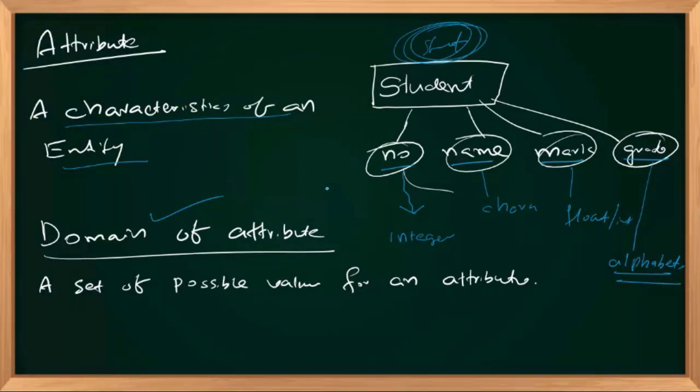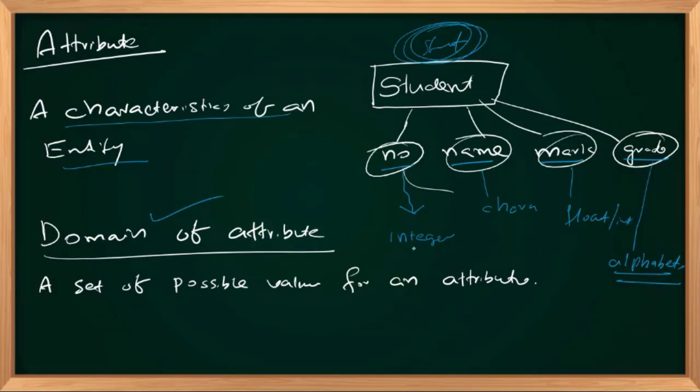Another definition is that a permitted value of an entity is known as the domain of an attribute. Permitted value means number consists of only integers.